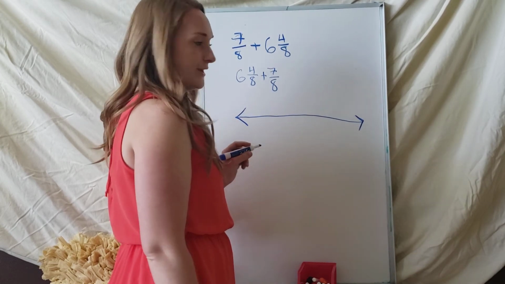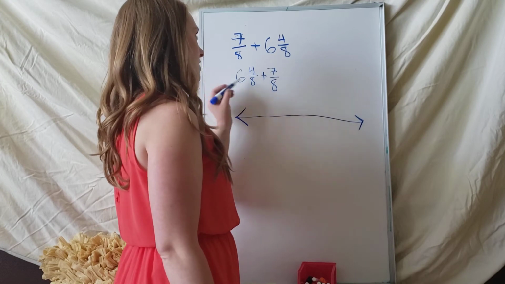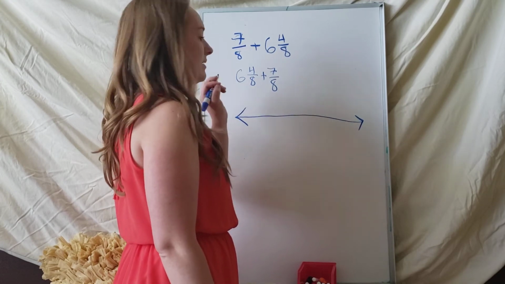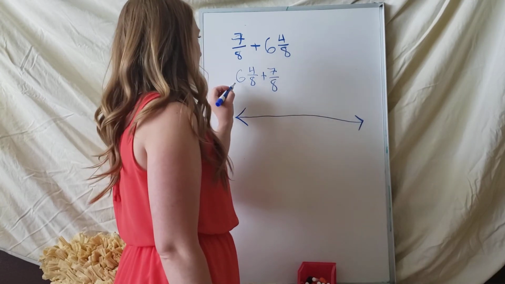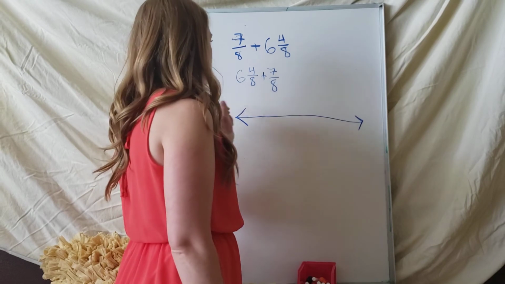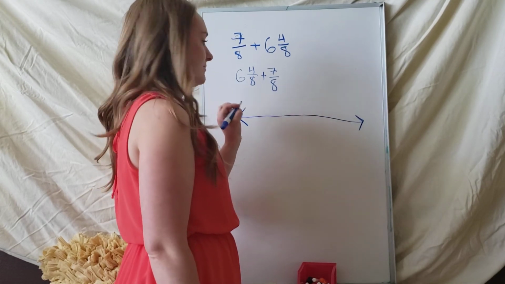It's not a very straight line. So remember, I want to start my number line with my biggest number, because I'm adding on to that, going forward on the number line. So 6 4/8 is my first number, my biggest number.